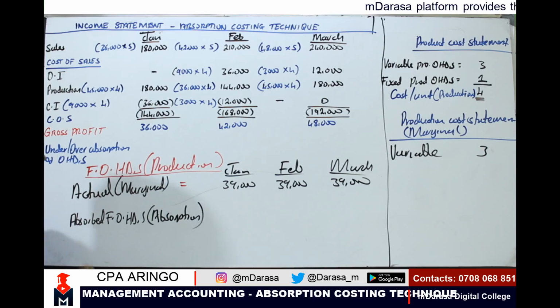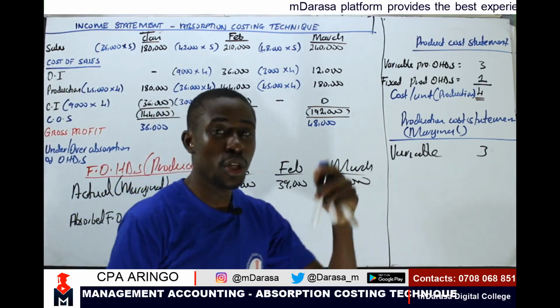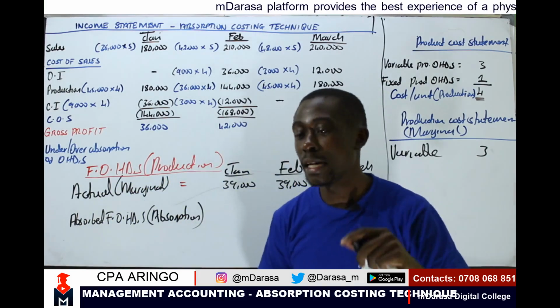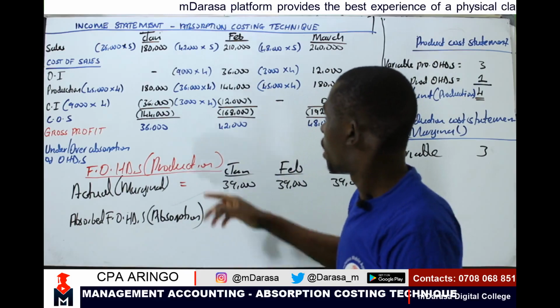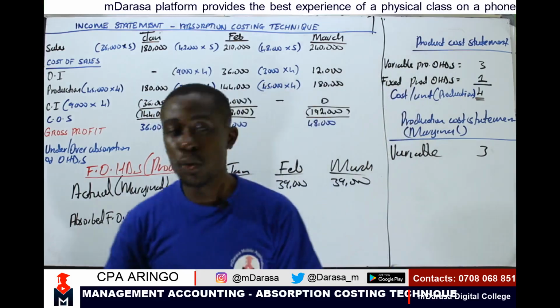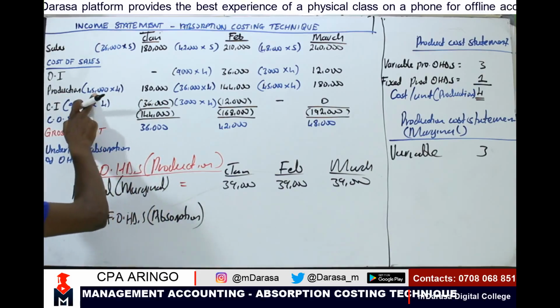But how about under absorption? Under absorption, I'm going to consider the units that we produced during that period. In the month of March, how many units did we produce? We produced 45,000 units.